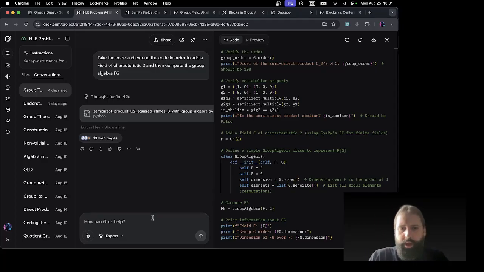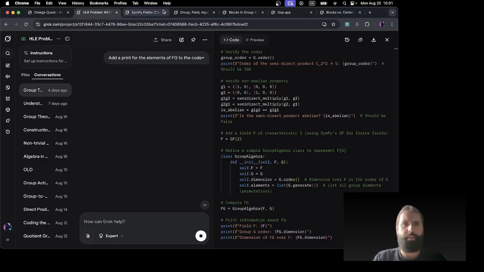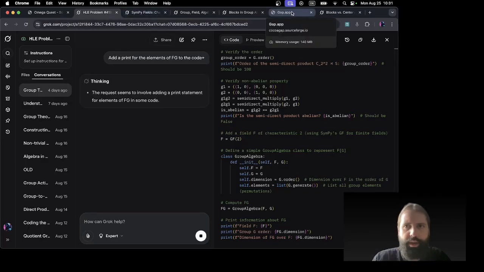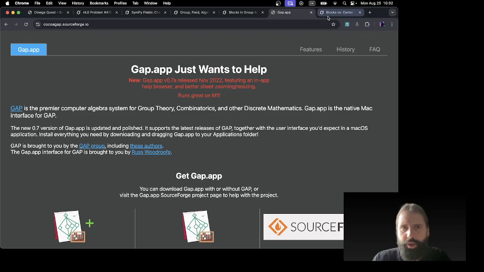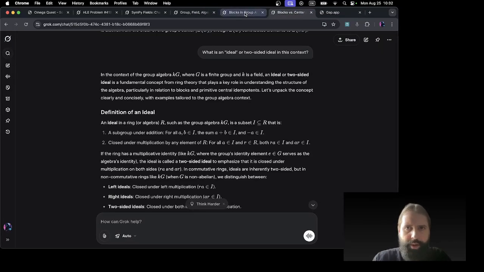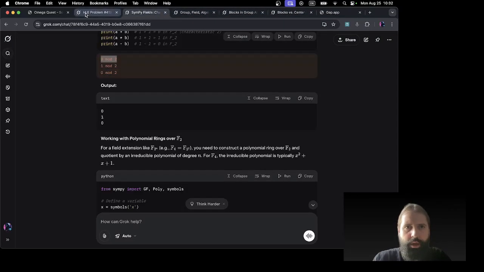Can I render the element? Can I add a print for the elements of FG to the code? I think I might have to install GAP though to be sure. But okay, I don't really.